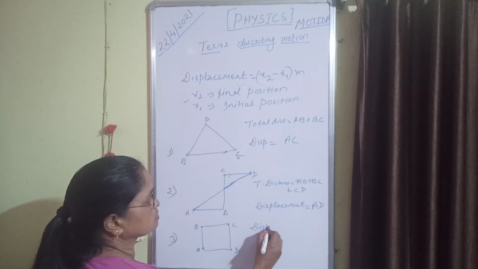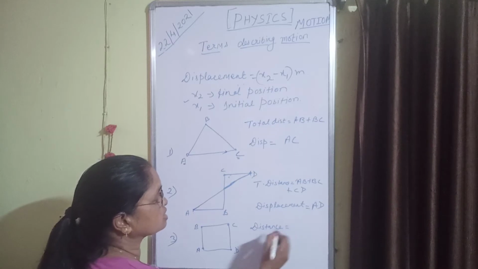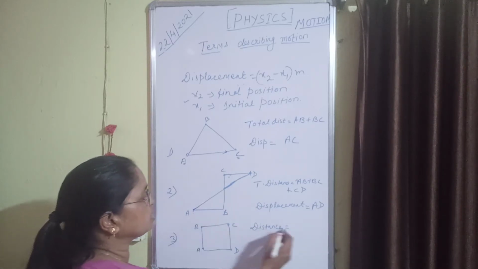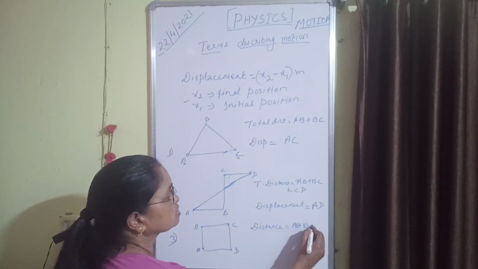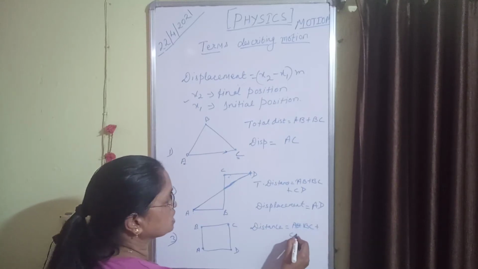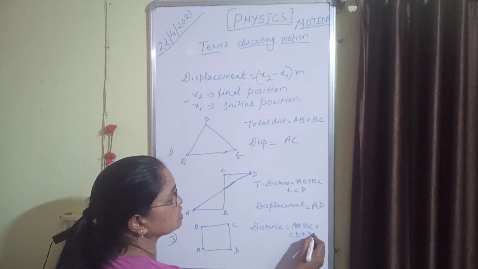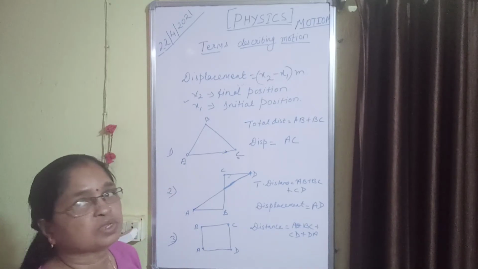Distance will be directly, now I think it has become easy, AB plus BC plus CD plus DA. Total distance we have got.